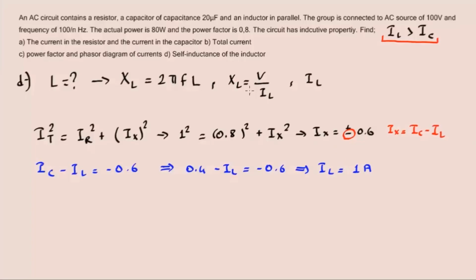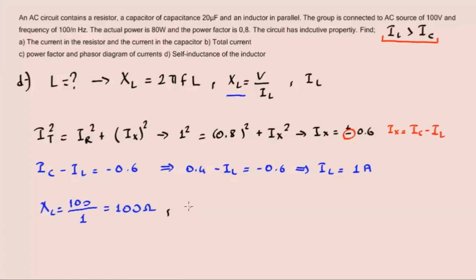Now I can calculate XL. XL equals 100 over IL, which is 1. So it's going to be 100 ohm.